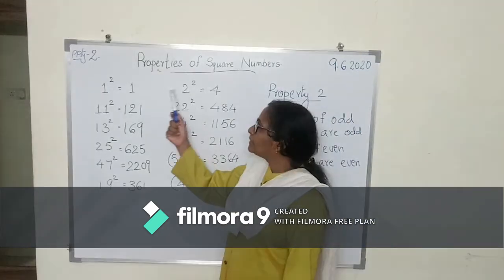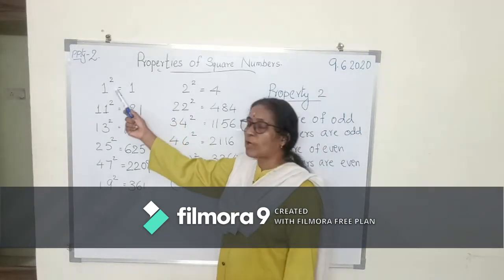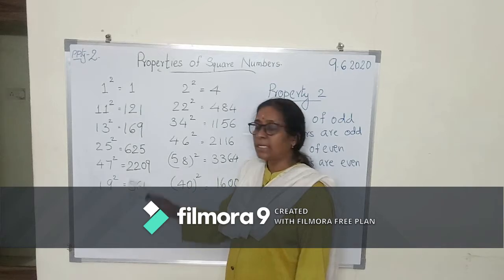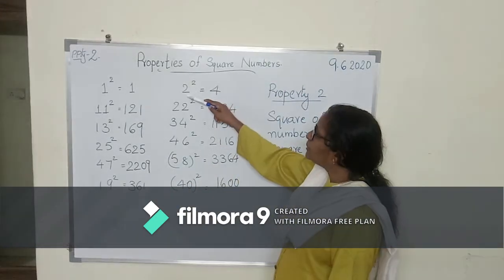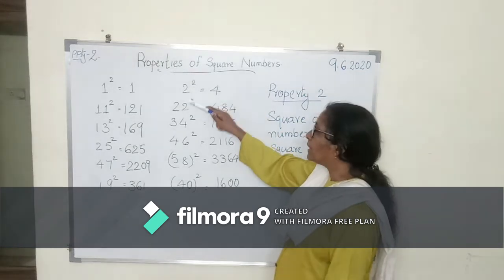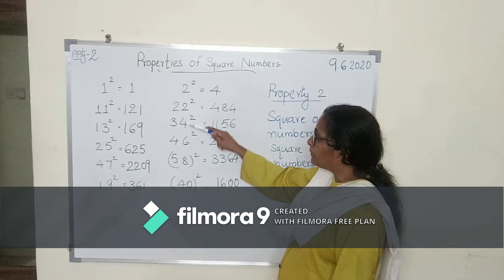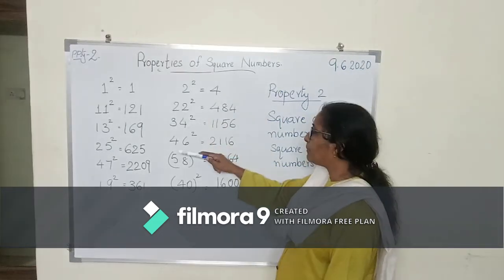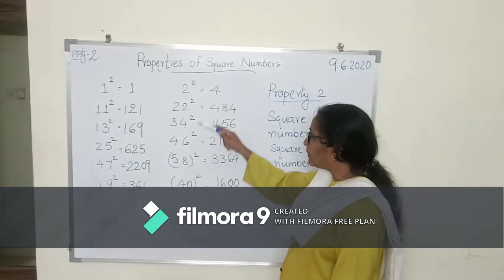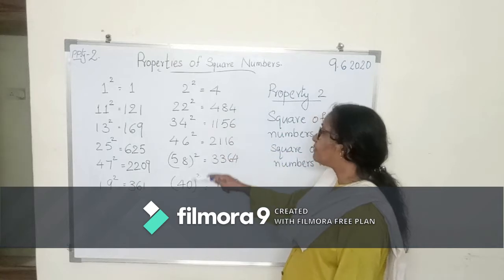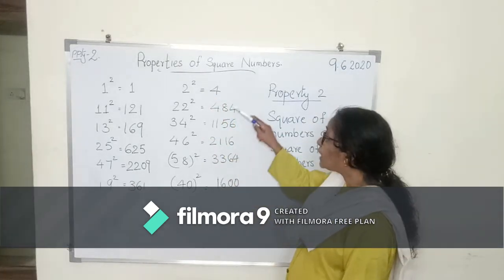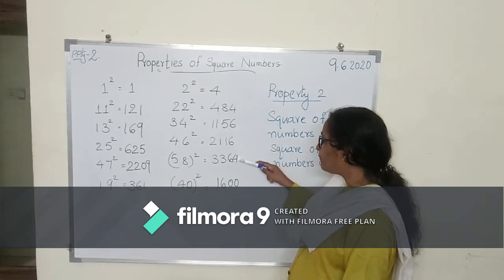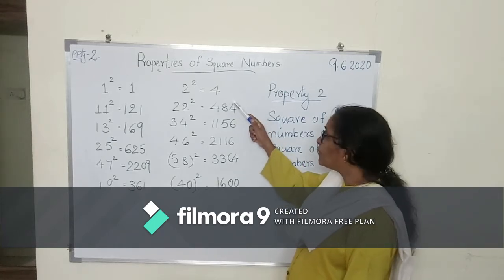Okay. What is the property here? The squares of odd numbers are always odd numbers. Now you see here 2 square is 4. This is an even number. Here 2, even number. 34, even number. 46, even number. The numbers which end with even numbers are all even numbers. So their squares also have even numbers in their unit place.